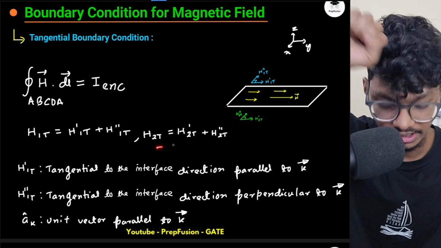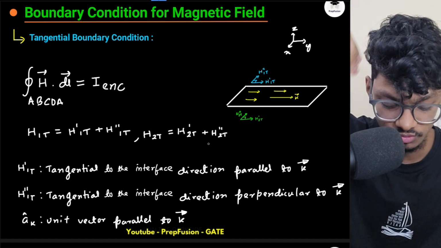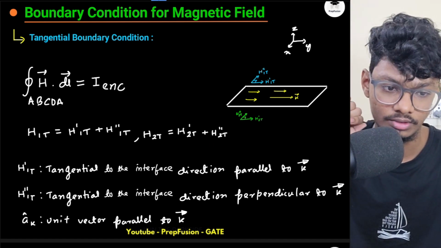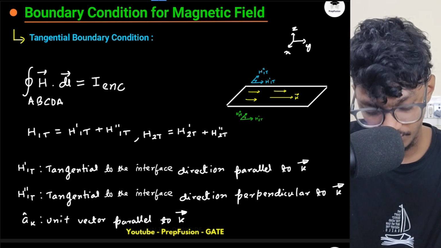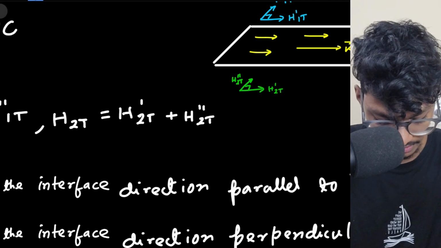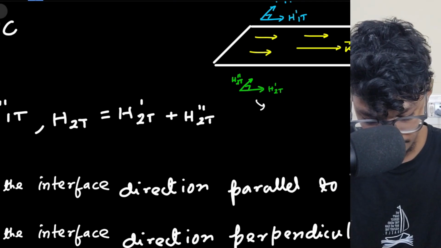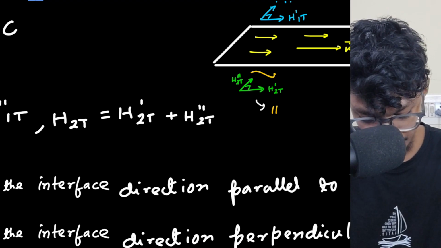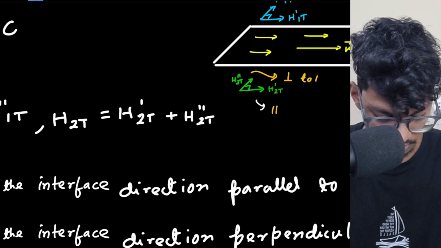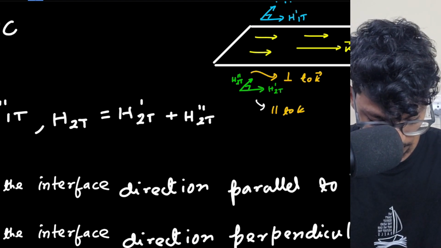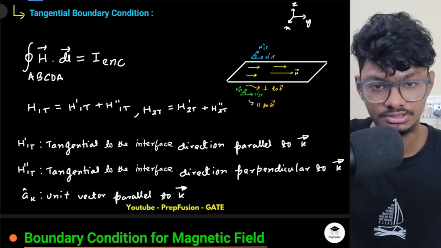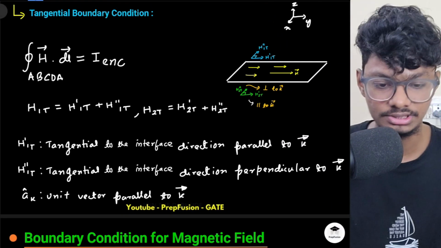And for the second tangential also, it will be the sum of h dash 2t plus h double dash 2t. Okay. So one is the parallel component, and this one is the perpendicular component to K. K is my reference. Surface current density is the reference.